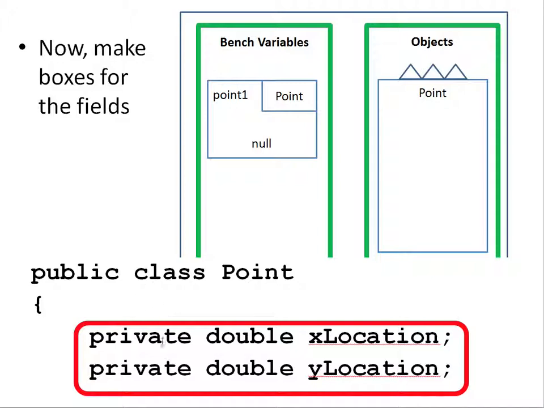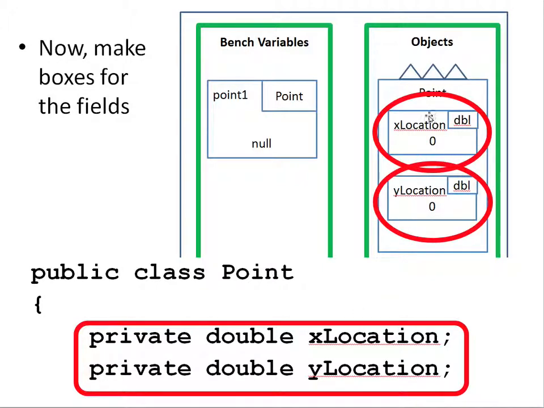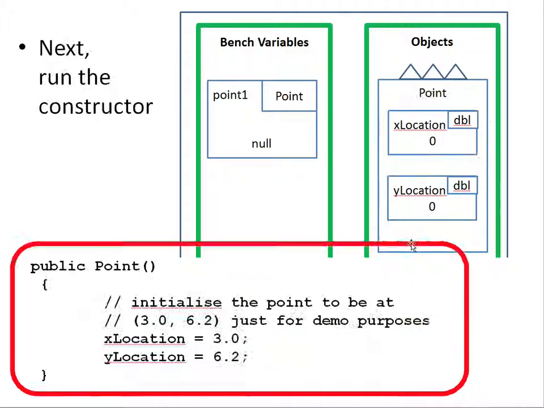This is the top of the point class. It says there's two fields, x location and y location. So there you go. There's both of the fields, and we initialize them to 0 because the default for a double, and I just wrote DBL here because I can't fit double on the screen, is 0. So we initialized both of these to 0.